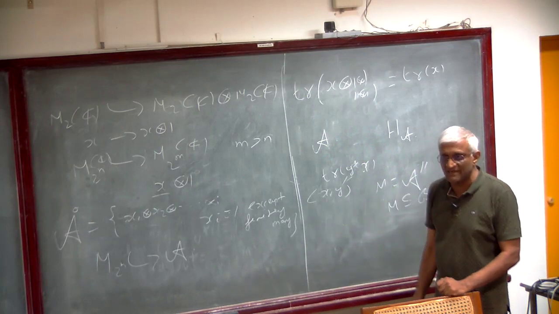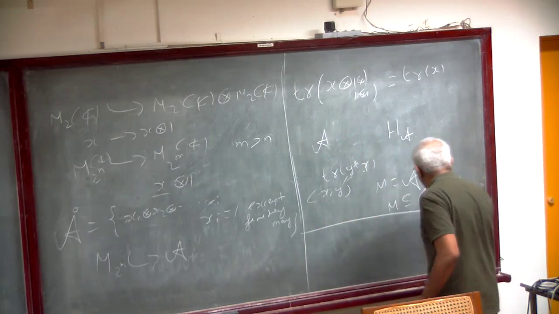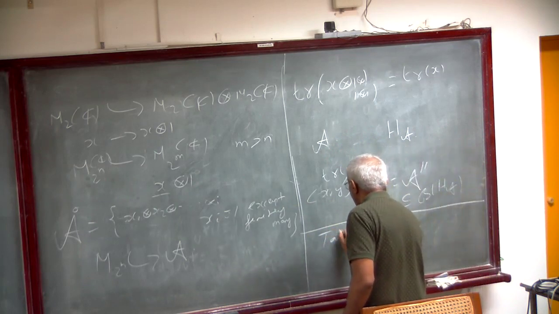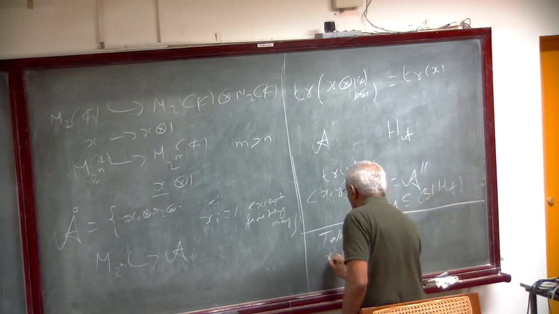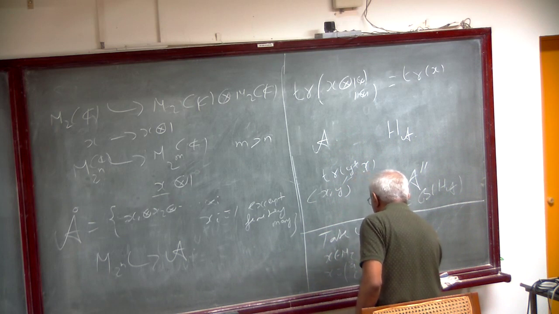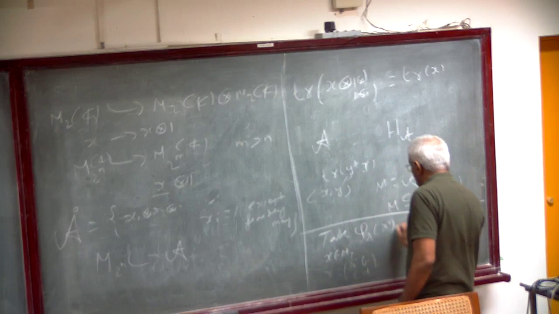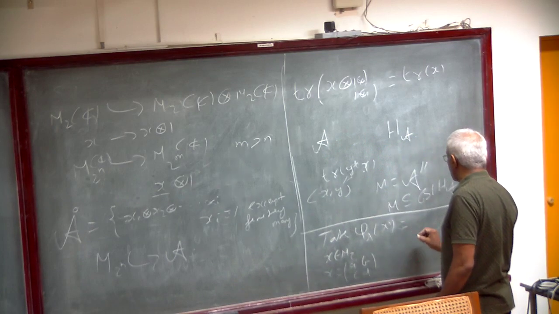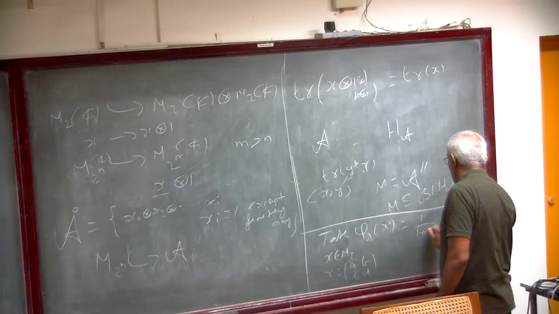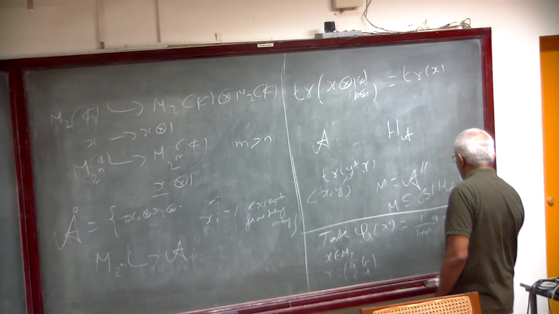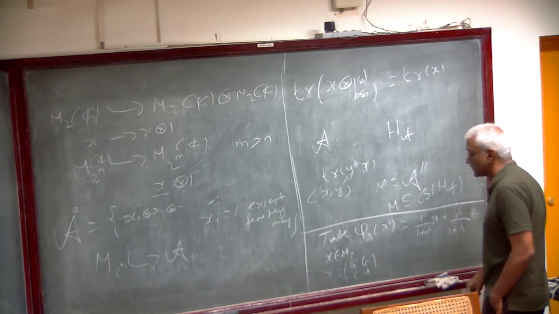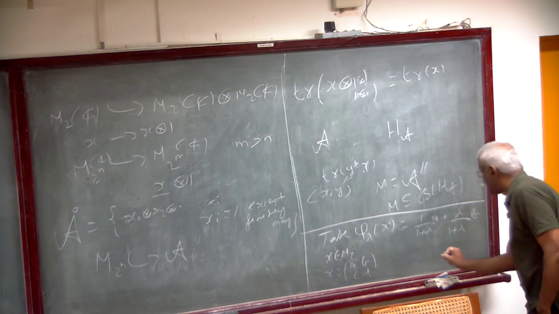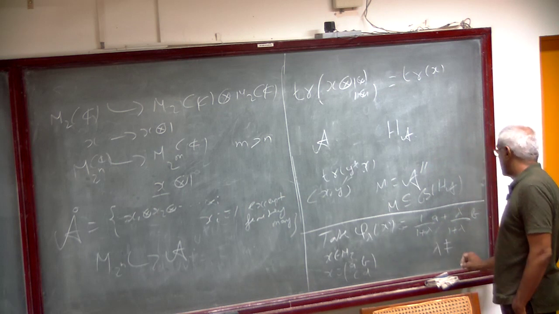So here you are taking a trace. Instead, this is just one word I would say. Take phi_lambda of X, where X is in M_2, X equal to (A B; C D), equal to 1 over (1 plus lambda) times A plus lambda over (1 plus lambda) times D. And lambda is not equal to 1.